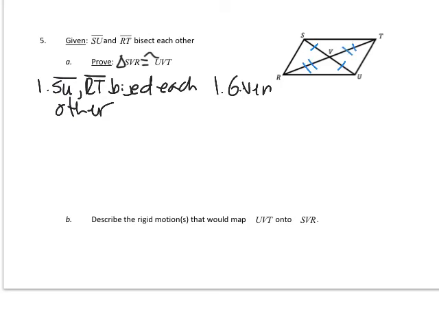Once you have your diagram marked up with what you stated, take a look at it and see what we can find. Remember, we want to find side, angle, side. So if I'm trying to get these two triangles congruent, I have to get the angle in between them. So what kind of angles are these? Hopefully, you can see that they are vertical angles, and vertical angles are congruent.